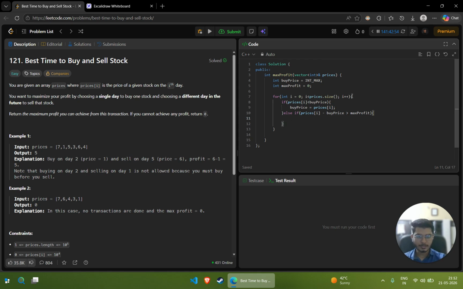If the current price is lower than the buying price, we will replace the buying price with the current price. Then here.